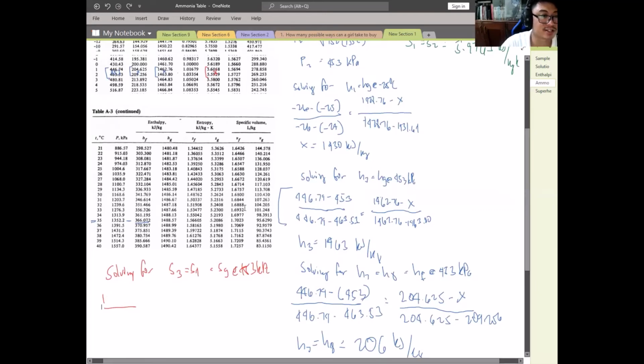Wala tayo, 446.74. 446.74 minus 453 over 463.53 minus, okay. Mali na tayo, no? Upper limit pala muna tayo. Minus 463.33, 53 pala, no? The lower limit.